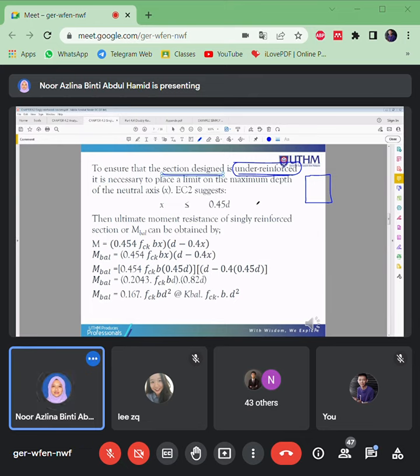So to ensure that we follow the limit, under the limit, EC2 suggests this limitation. So that means X should be less than or equal to 0.45D. Okay, so remember this X here from the block diagram, this is the neutral axis, right?